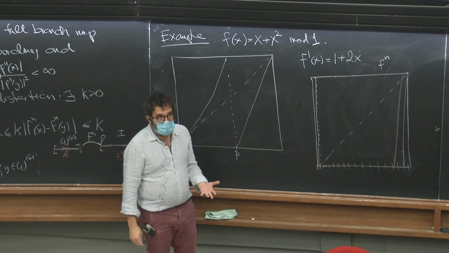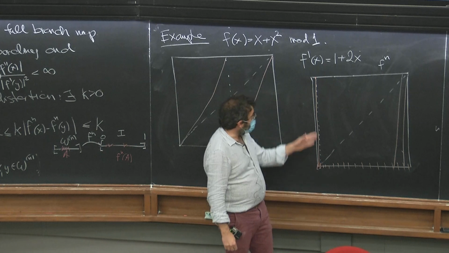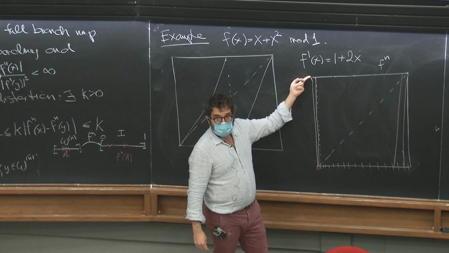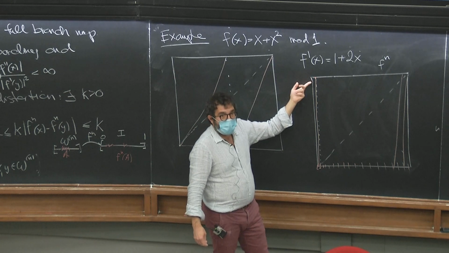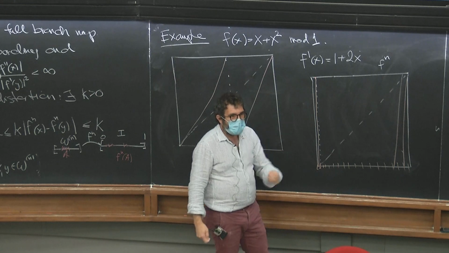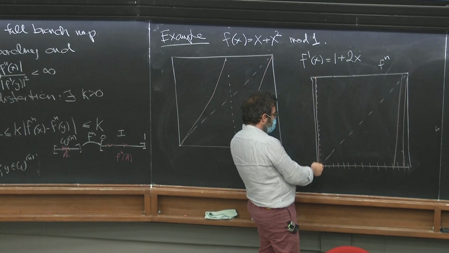So we have this branch here, and the derivative is still 1, but since when n is very large you're still mapping a very small interval to the whole interval, you must have points where the derivative is very large, right? By the mean value theorem, you must have some point where the derivative is the ratio between this and this.